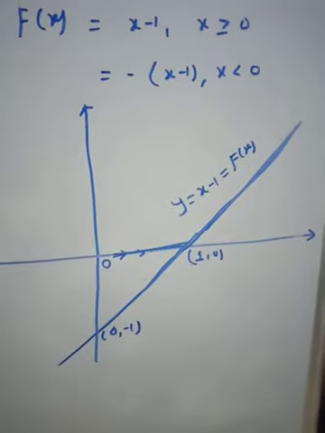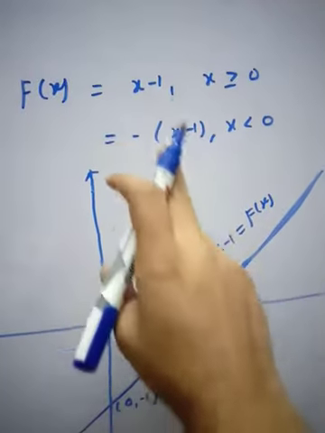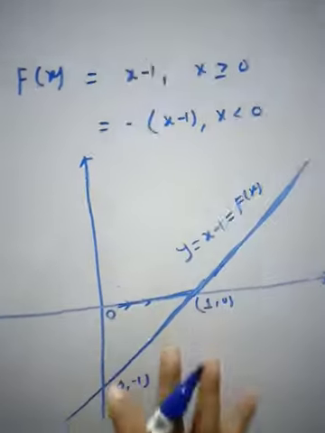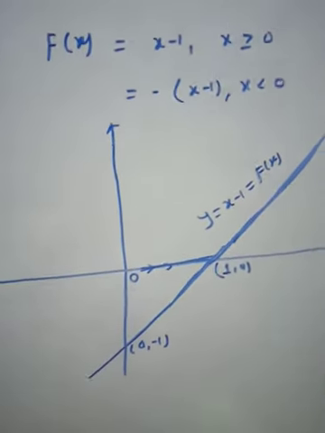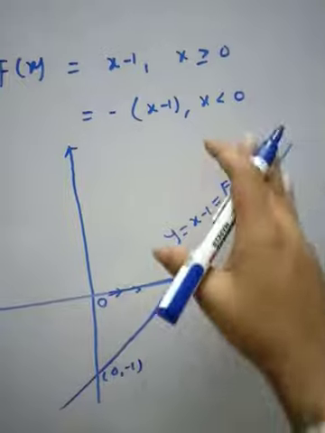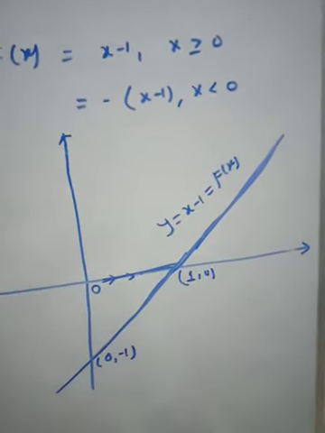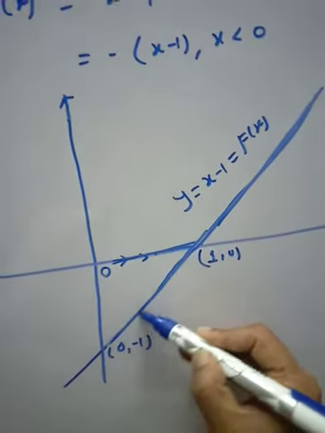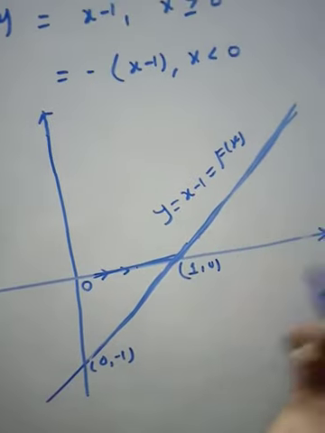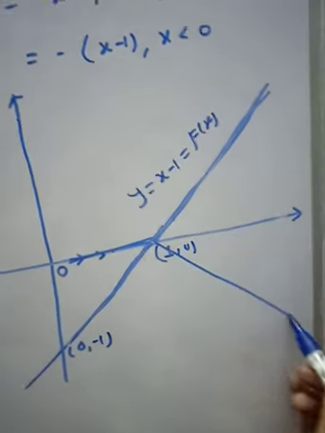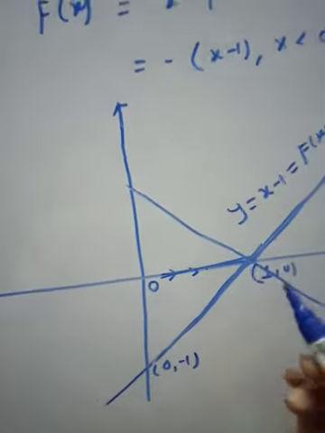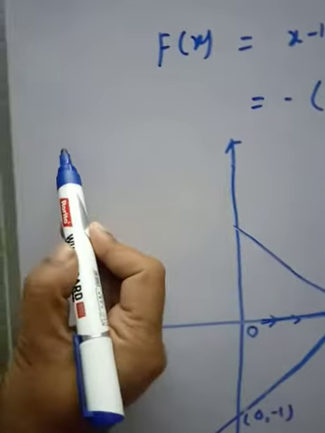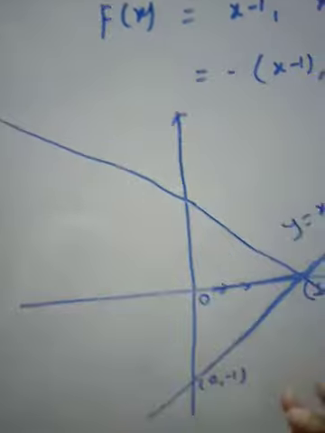Now it is minus of the same function, so it is the mirror image on the x-axis. What is the mirror image of this graph on the x-axis? The mirror image of this part will be like that.